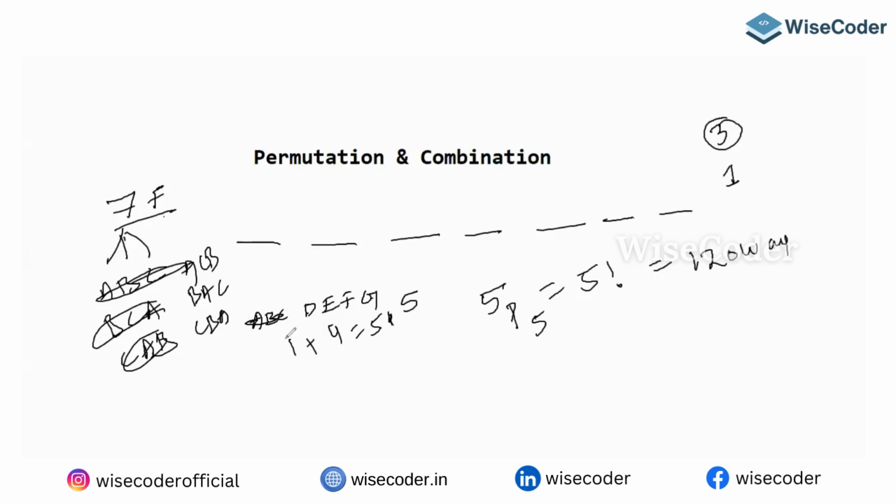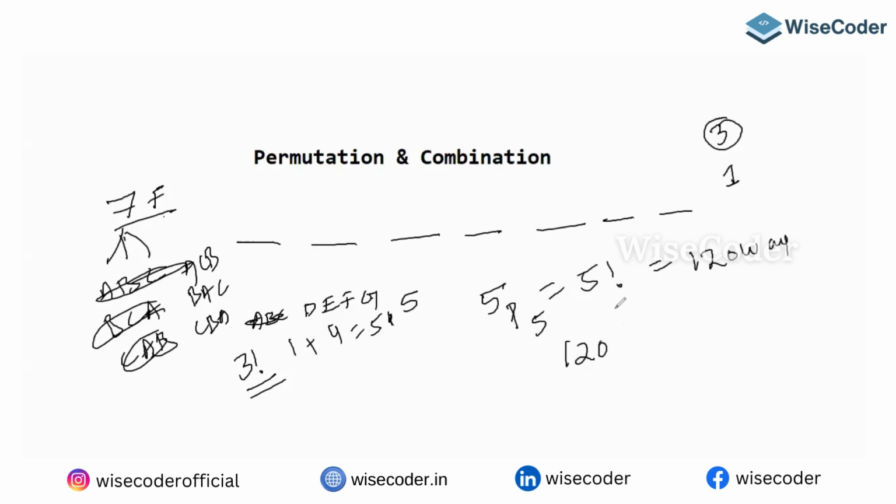Among themselves I can arrange them in 3 factorial ways. Are you getting my point? So there are 120 ways, and the 3 persons can be arranged in 3 factorial ways.